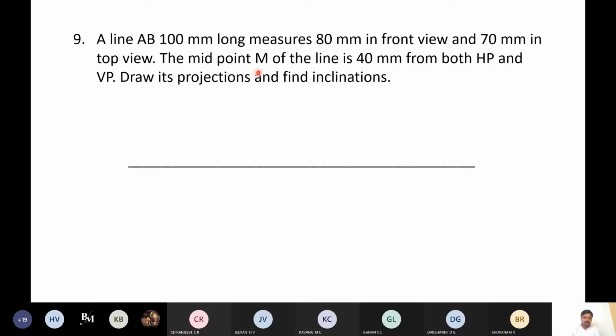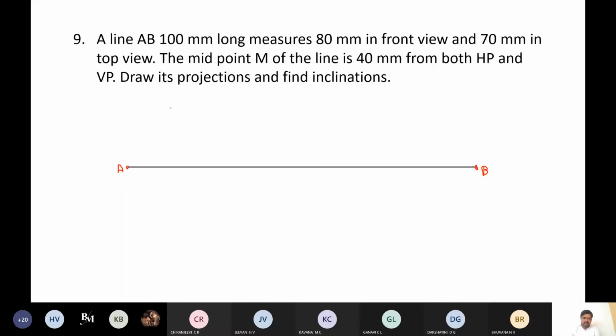That means it's a problem related to midpoint, since in the problem statement we can identify the midpoint M of the line. In case of midpoint problems, apart from endpoints, till now we were considering the ends of the line, A and B, and knowing the location of A, B, or any one of the points, we used to draw its projection.